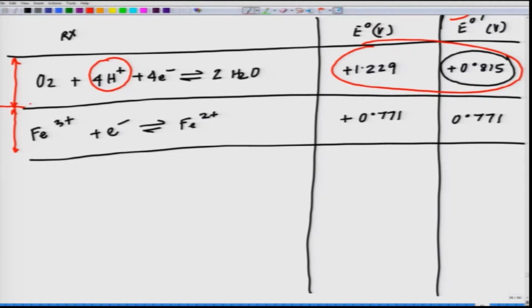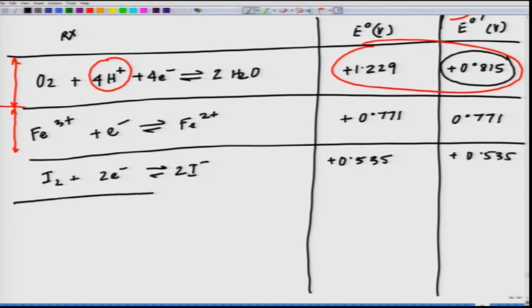Okay. Now, let us get to another example in that line. Say for example, let us take the case of iodine, I2 plus 2 electrons making it 2I minus. Okay. And E0 changes to positive 0.535, and E0 prime 0.535. Now, you realize it is similar to the ferrous ferric. Now, I come to another situation where you have the biological molecule like cytochrome.